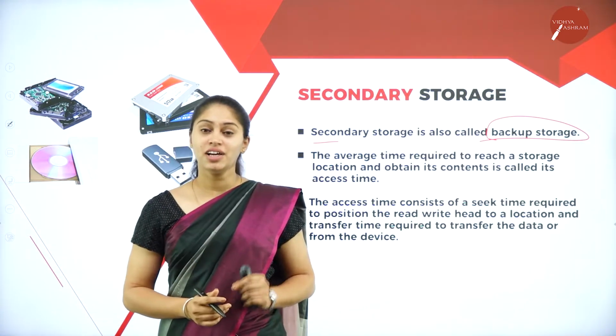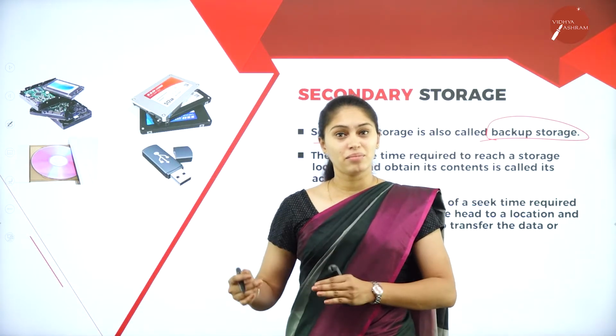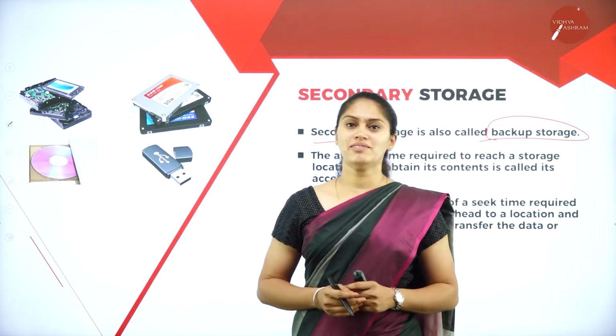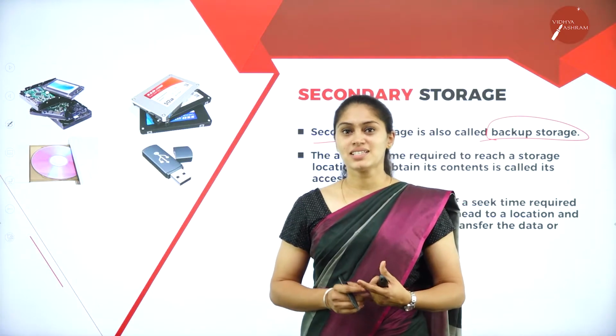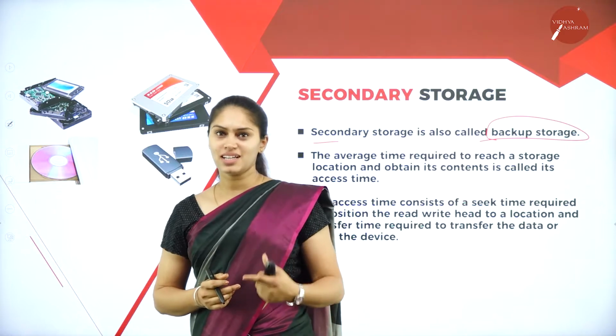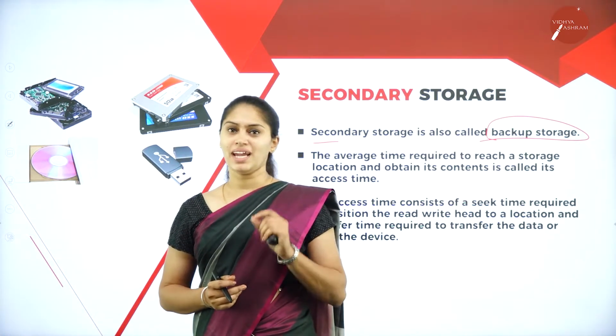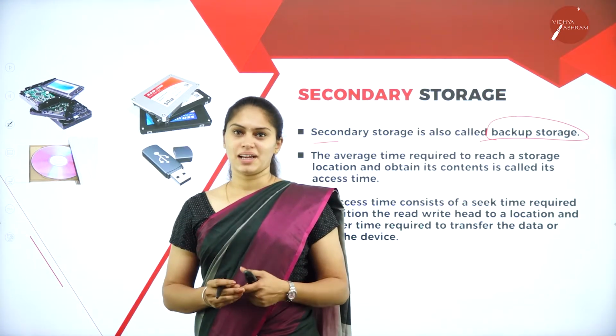So for that, we have to copy the content of secondary memory to the primary memory. Then only will the computer have access to this primary memory. Then it is going to process the data. So once it is done with its processing, then you can choose whether your data wants to be in primary memory or secondary memory.